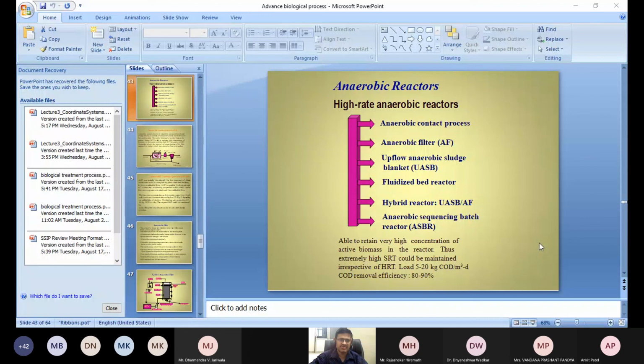If the BOD by COD ratio is less than 0.5, or less than 0.3 or 0.2, you cannot use this biological treatment. You can use biological treatment only if your BOD by COD ratio is more than 0.5, like 0.7, 0.8. So you have to first find out what that ratio is.